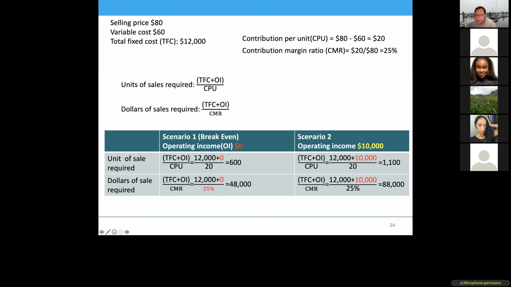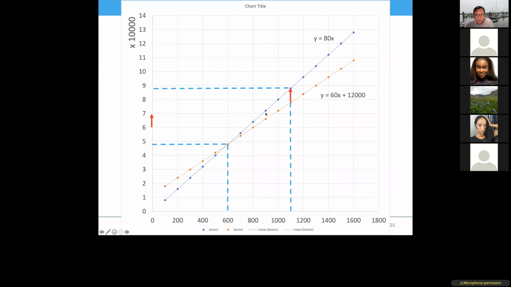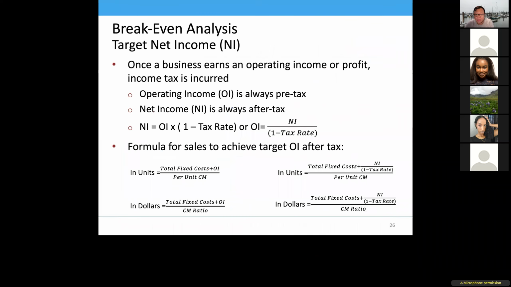And I remember Megan was talking about the tax rate. Okay, so the tax rate is here. So where does this come from? Your operating income is not the same as your net income. You need to pay tax on the operating income to CRA.